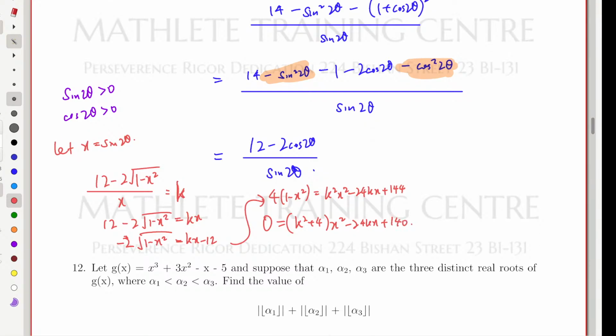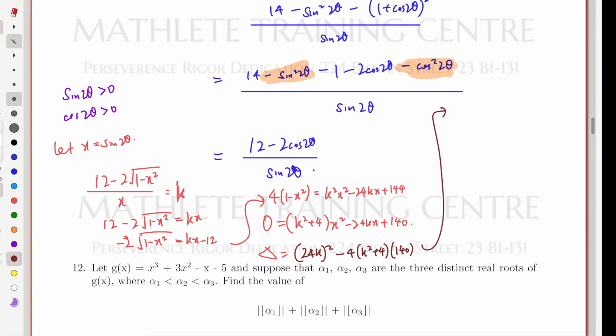So in that case, if there is a solution for x in this quadratic, it means that the discriminant must be bigger than 0, right? So the discriminant will be b squared minus 4ac. So that's going to be 24 squared k squared minus 4 times k squared plus 4 times 140.